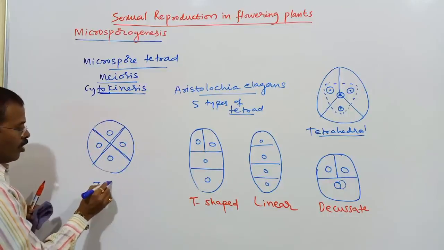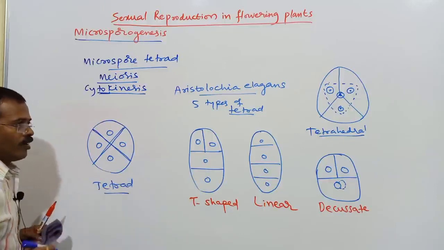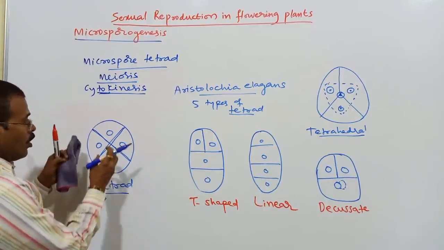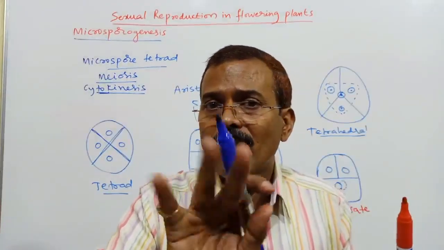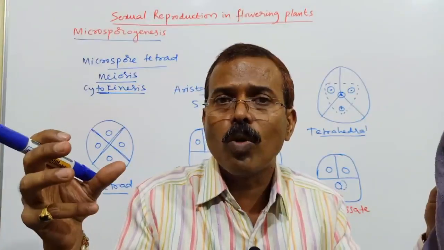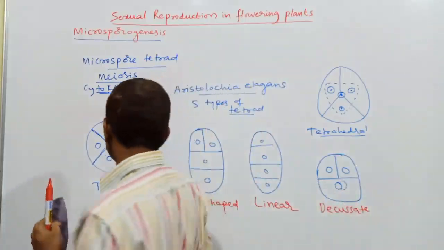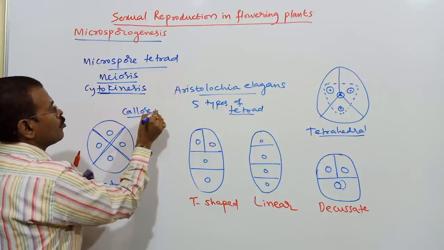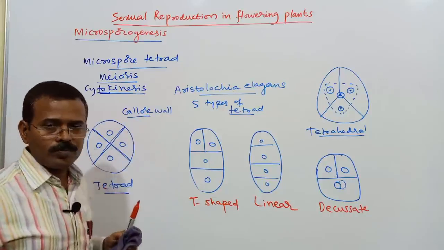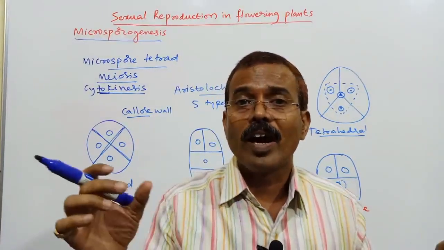This is a tetrad. The pollen grains are held together. 4 pollen grains are there in the tetrad. These 4 pollen grains are held together by callose wall layer.